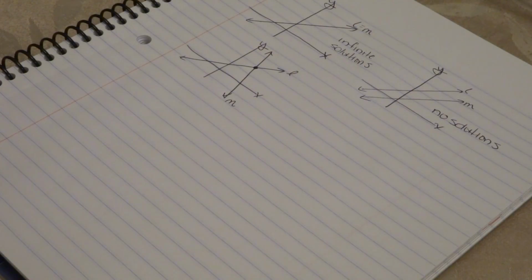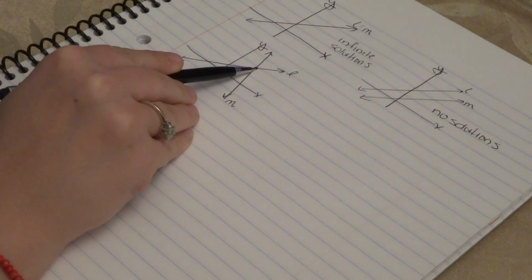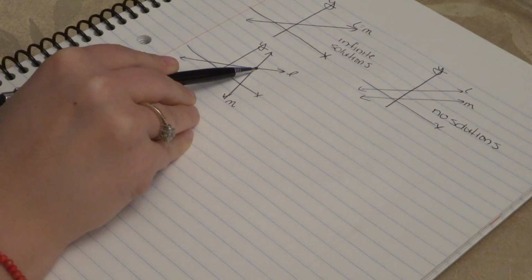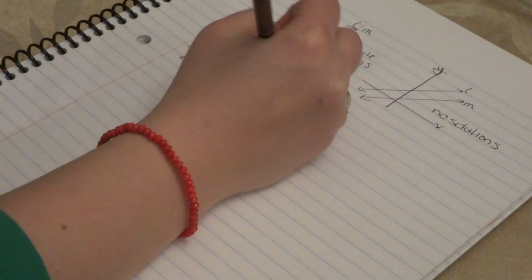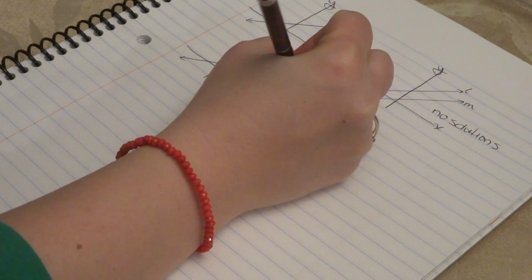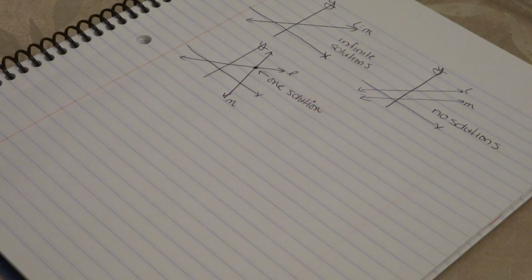That point will be a solution to both equations, the equation for line L and the equation for line M. So this ordered pair would be one unique solution for both of them. This has one solution, which happens to be that intersection point.